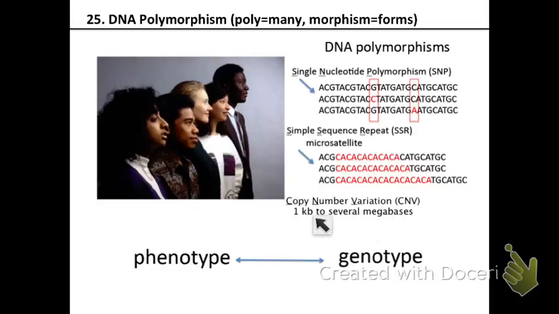That means there are regions of the DNA that are 1 kb to several megabases that are present in different copies in each of us, right? So one of us might have the same gene in 2 copies. One of us might have the same gene in 4 copies if it's duplicated somewhere else. All right. So since we know that the genotype is affecting phenotype, if we knew the genotype and if we knew how each of these sequences actually function, then we could understand the phenotype.